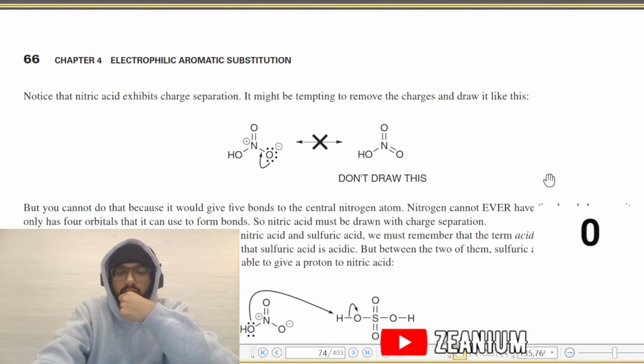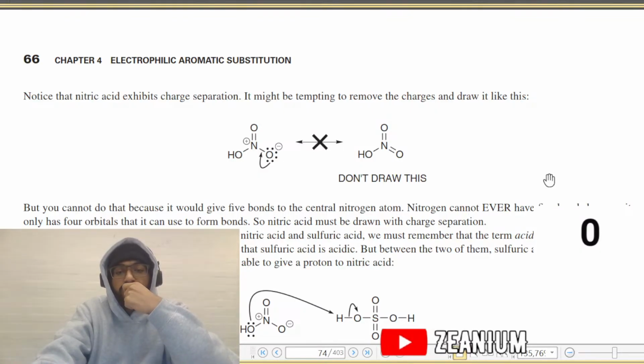Now that we have seen the structures of both nitric acid and sulfuric acid, we must remember that the term acidic is a relative term. It is true that nitric acid is acidic, and it is also true that sulfuric acid is acidic, but between those two, sulfuric acid is the stronger acid.